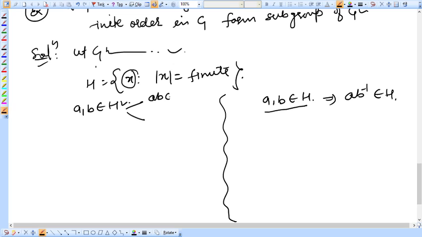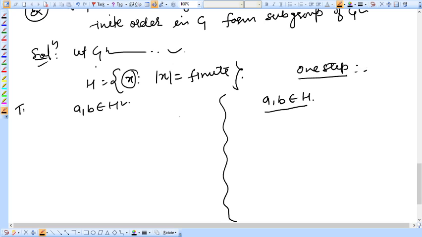One, a b belongs to H. Second, if a belongs to H, then a inverse also belongs to H. So in the exam, if a question comes, you just go by any one of these two.